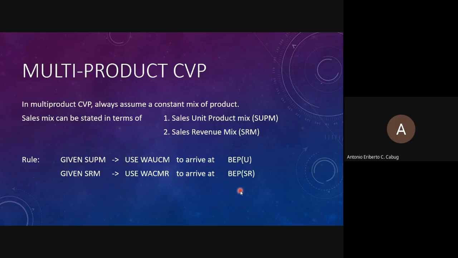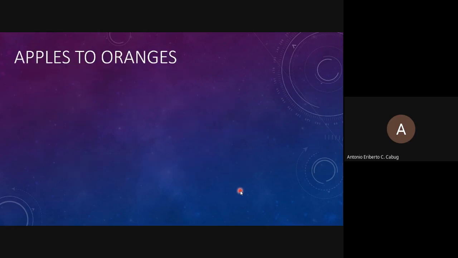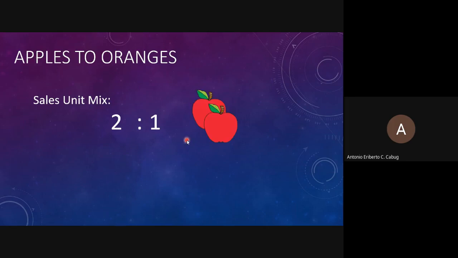Okay. Now, let me clarify to you what we mean by unit product mix and revenue mix again. Apples to oranges. Babaguhin ko yung ratio. Sales unit mix, 2:1. How would you visualize unit mix of 2:1? Anong ibig sabihin nun? What does it mean? Kung nakakabenta ka ng 2 apple, nakakabenta ka rin ng isang orange.